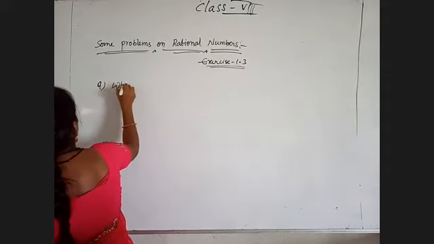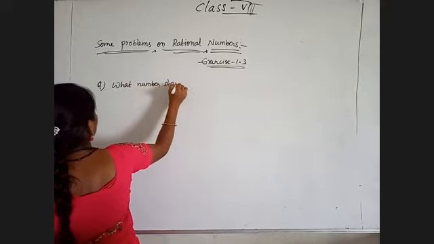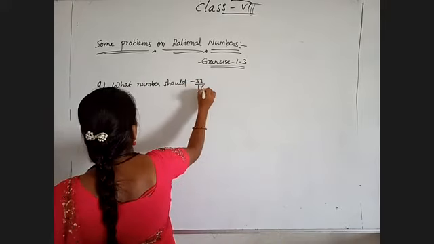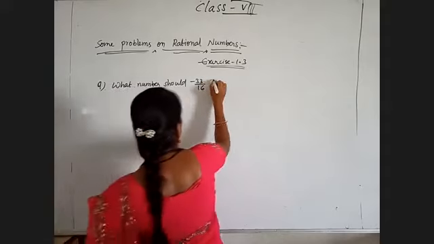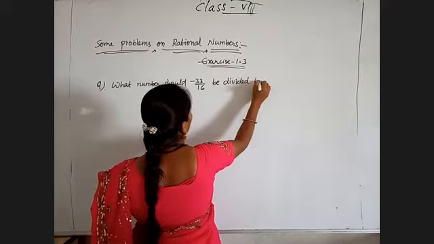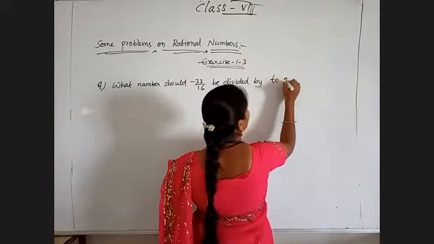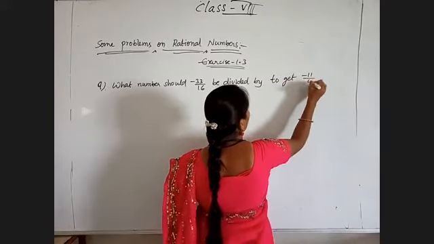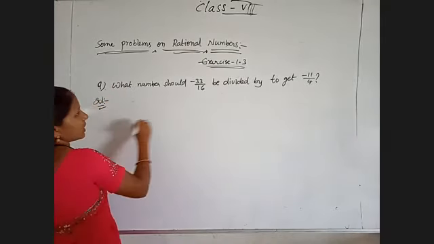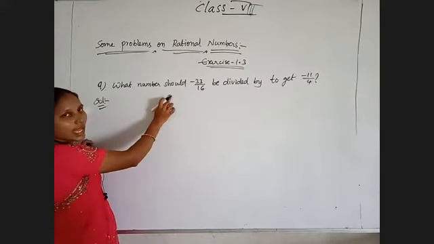What number should minus 33 by 16 be divided by to get minus 11 by 4? So this is the question. So it is very clear here, divided by, they are asking, that means the division operation. What number they have asked.